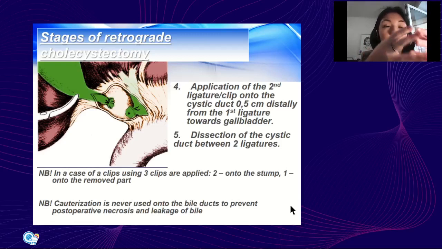Because bile has cholic acids and such an irritative composition, it will contribute to the leakage of bile in the postoperative period. That's why we never apply cauterization onto bile ducts. We can cauterize vessels, it is allowed and widely used, but we never apply cauterization on the bile duct, so please remember it. It is very important.